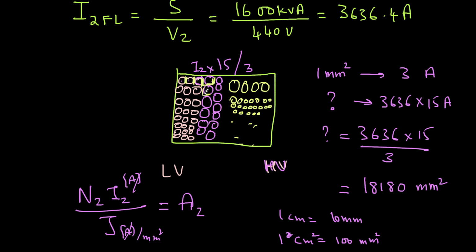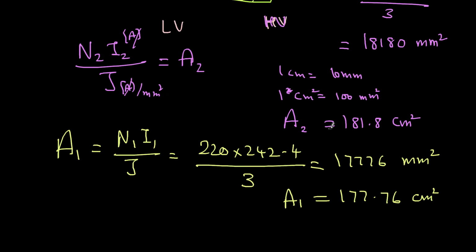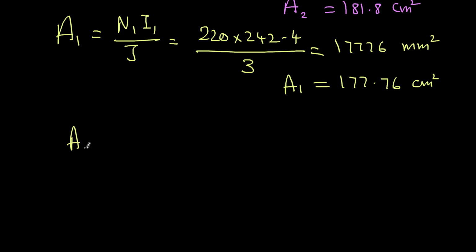Some kind of plastic or paper material will be inserted. Similarly, the high voltage side and low voltage side also have to be insulated, and then there will be some gap at the top and bottom and all these things. So the total area required, area of window, is nothing but A1 plus A2, divided by the window space factor.